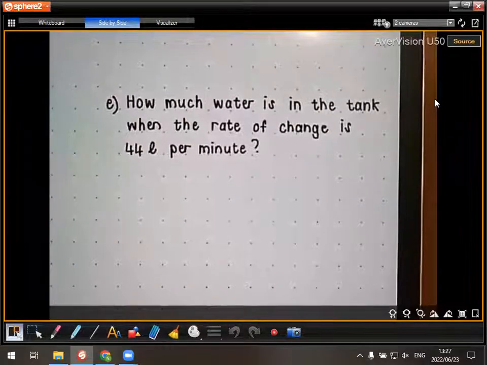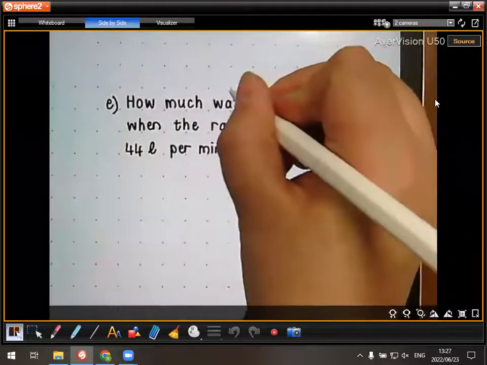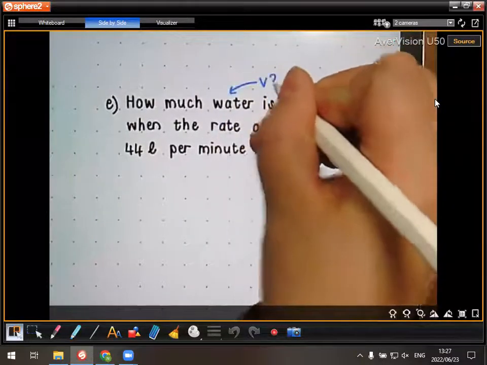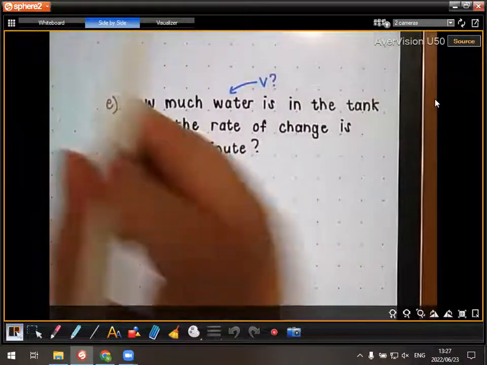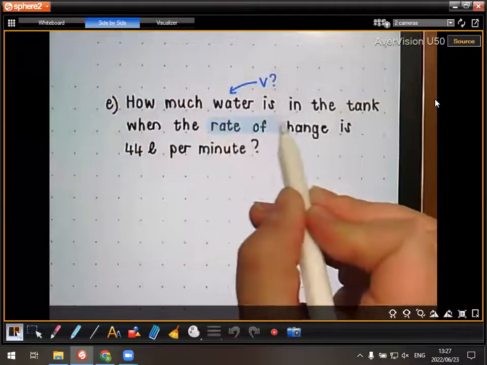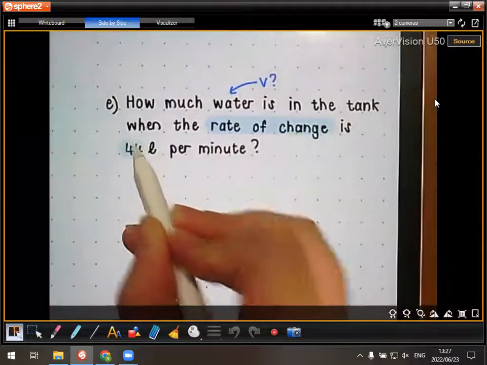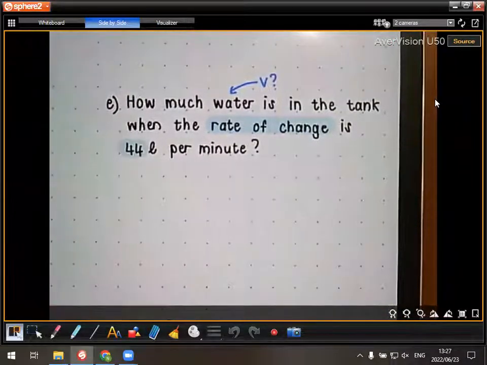So guys, if they're asking for how much water, they want to know the volume, right? Now we have a formula for volume, but in order to get an actual value for that volume, we need to sub in a t value. So how am I going to find what that t value is? Yes, good.